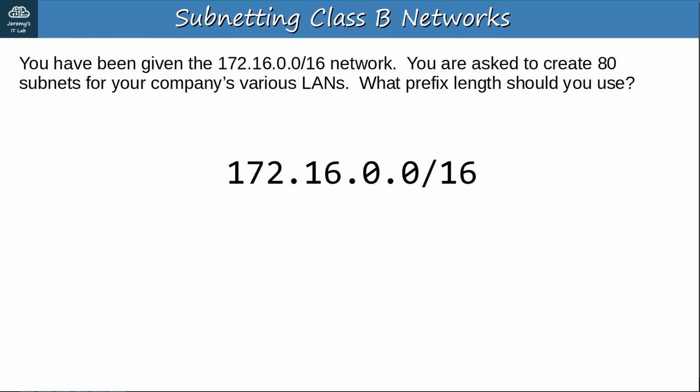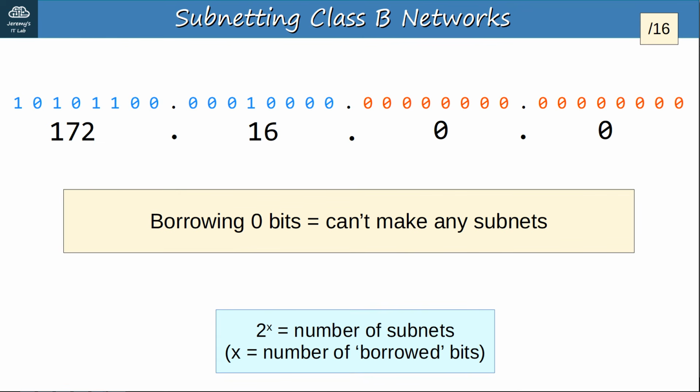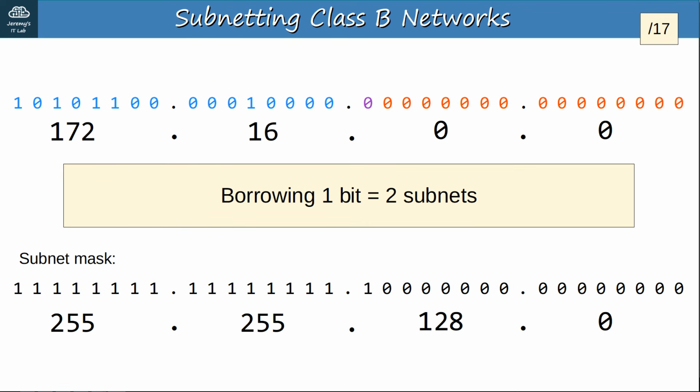Okay, let's figure it out. Again, we can simply use the 2 to the power of x formula, where x is the number of borrowed bits. If we borrow no bits, we can't make any subnets. We just have one large /16 network. If we borrow 1 bit, we can make 2 subnets, because 2 to the power of 1 is 2.